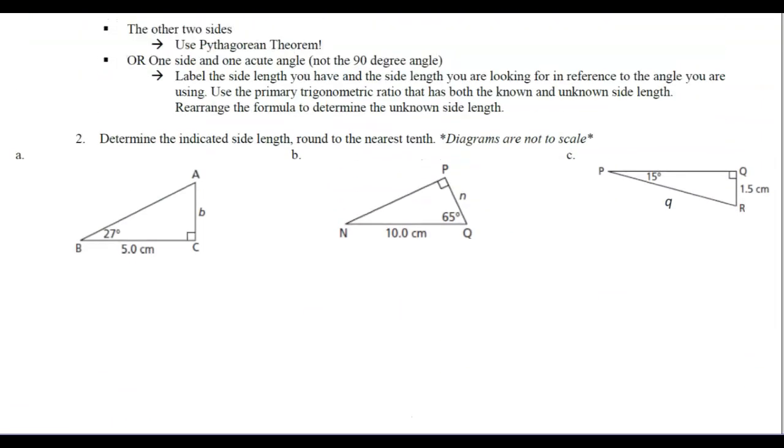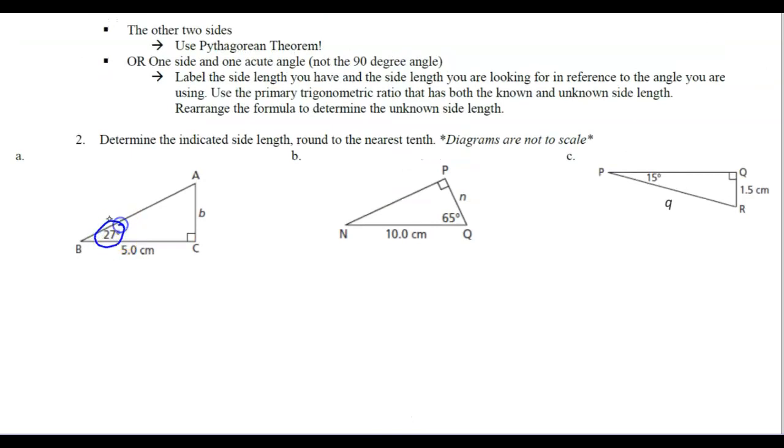So taking a look here, here's your angle you know. 5 is adjacent. B is opposite. The hypotenuse we don't know and we don't care. Okay. So anything that uses opposite and adjacent, remember, is tan.